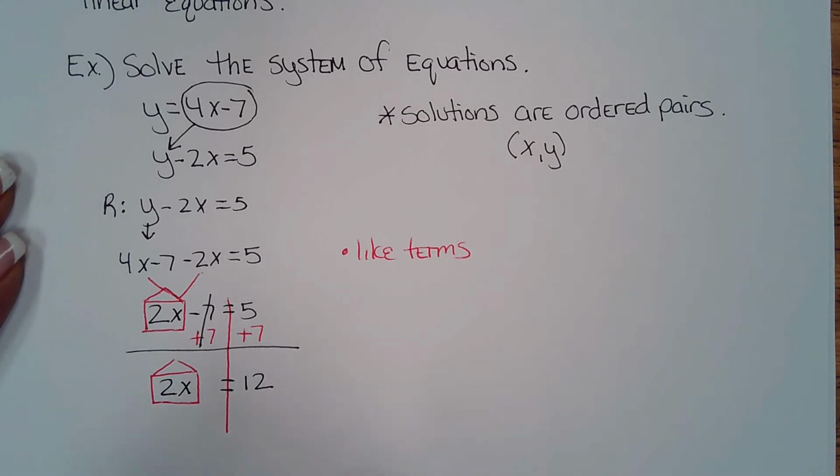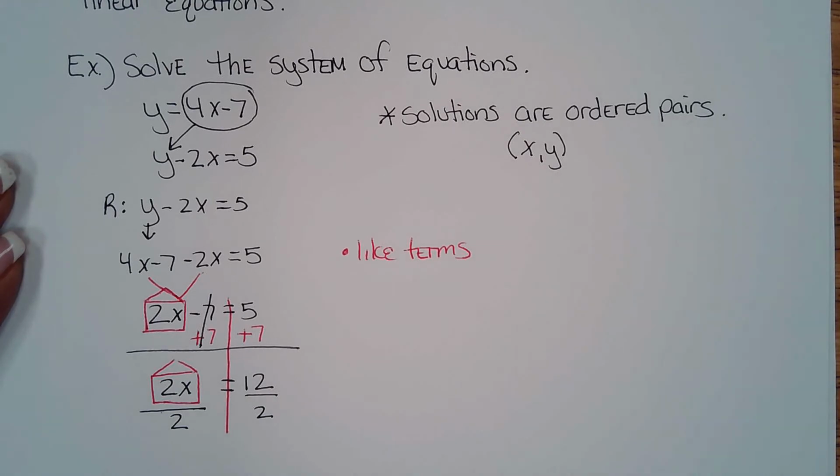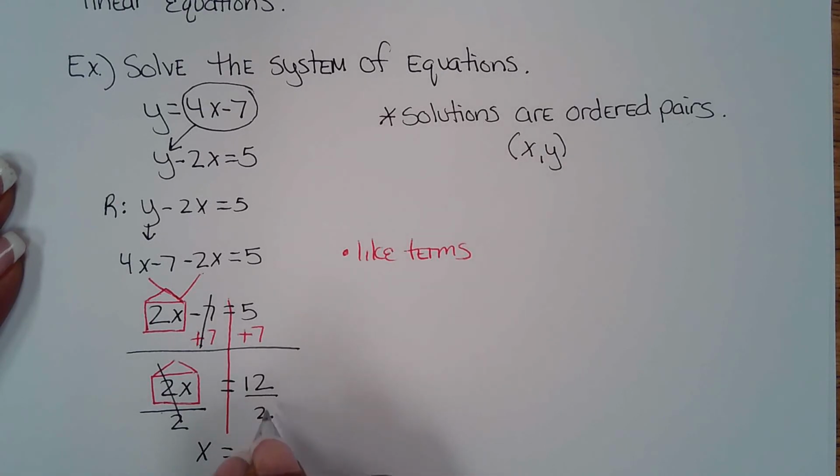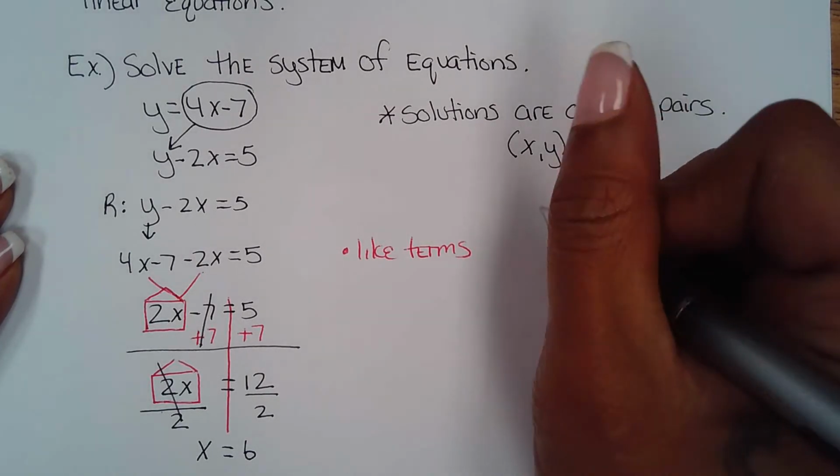So I need to separate the 2 and the x. The operation between 2 and x is multiplying, so the inverse of that is dividing. So I'm going to divide both sides by 2. Those will cancel, and you're left with x equals 12 divided by 2, which simplifies to 6. So x will equal 6.